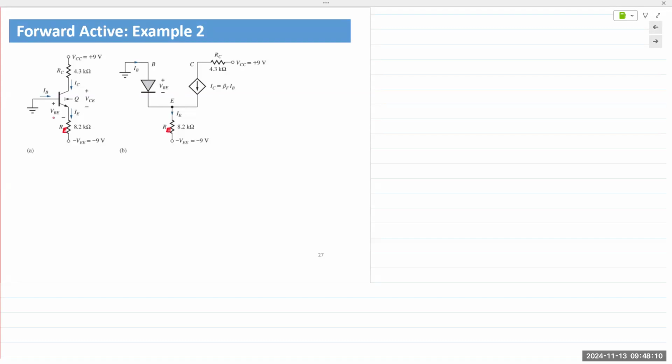There is no biasing connected to the base. Base is connected simply to ground. And then we are asked to find the Q point for this circuit.